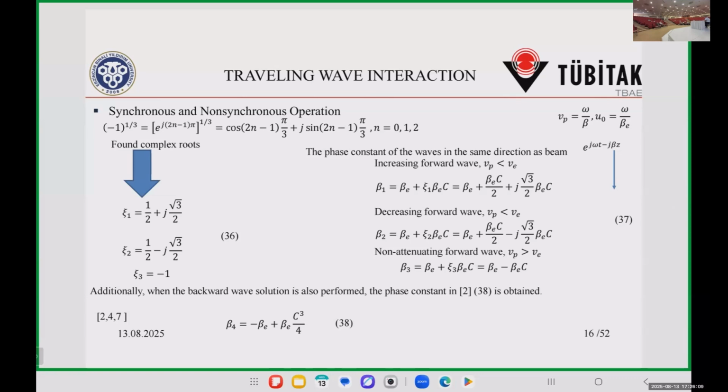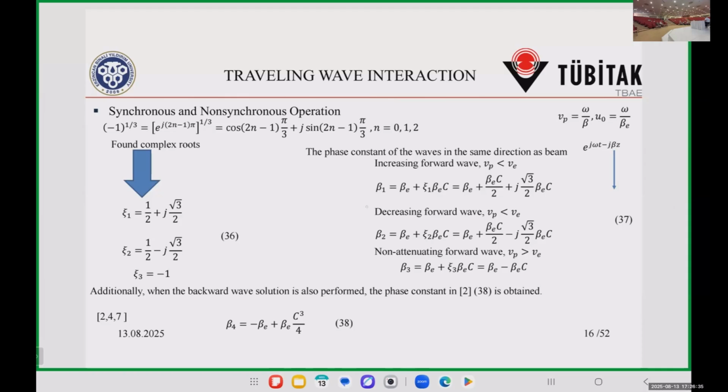The minus sign means the wave travels in the direction opposite to that of the electron beam.